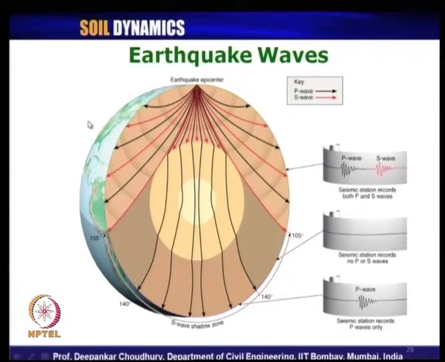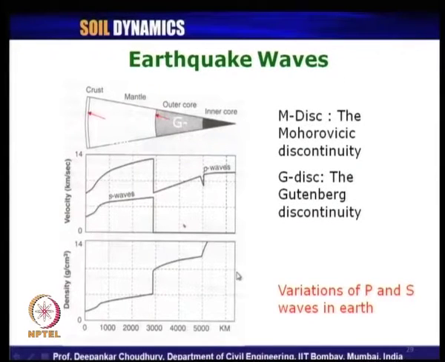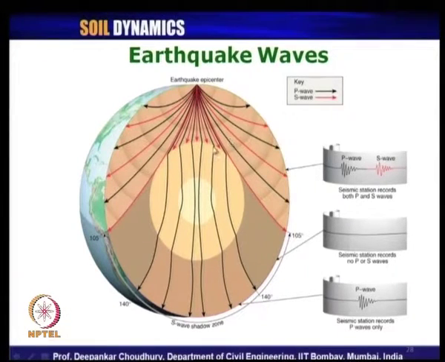What I have explained just now, the combination of P wave and S wave, I am now showing through this slide. P wave is shown in black color arrows and S wave in red color arrows. Suppose the earthquake epicenter is somewhere here, earthquake energy gets released here and then waves travel throughout the earth interior, and other parts of the earth also record these values. You can notice P waves at this boundary of mantle to outer core.